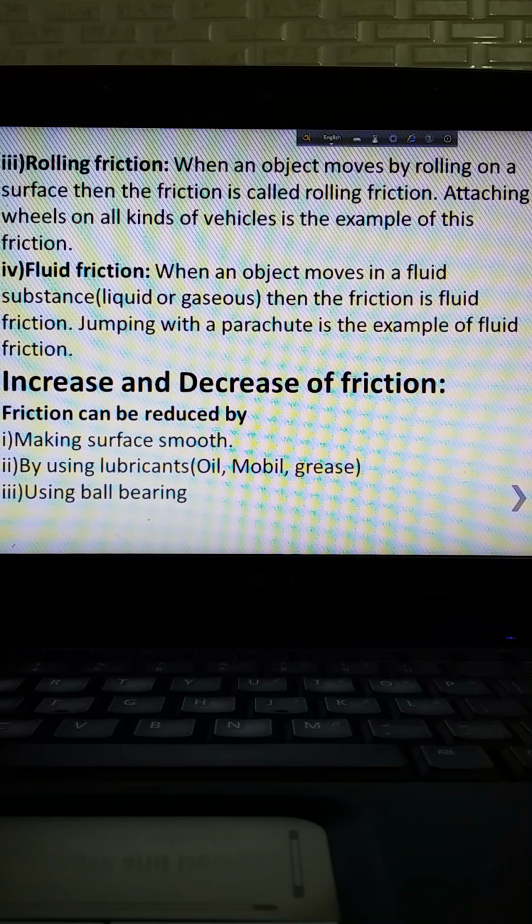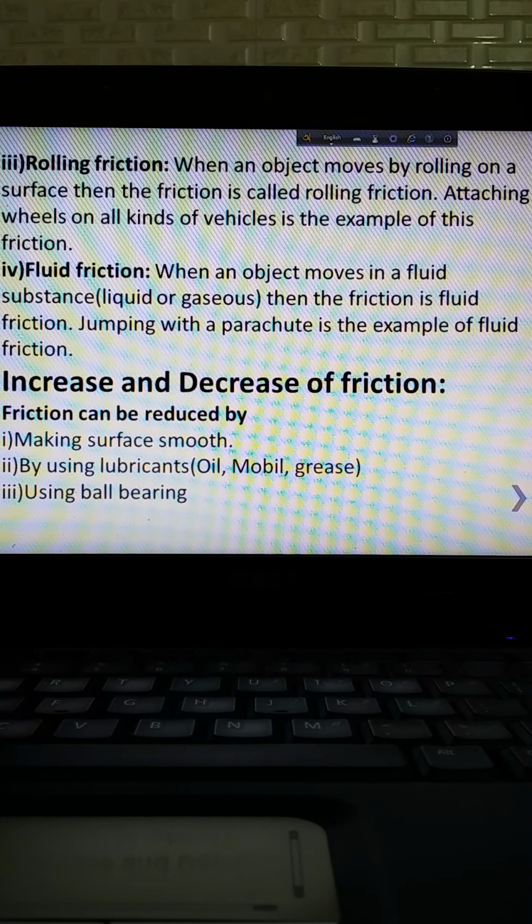If the surface becomes smoother, then friction will be reduced greatly. The second way is by using lubricants, for example oil and mobile grease. If you use these kinds of lubricants, the resistive force will be lower there, and that will reduce the friction.